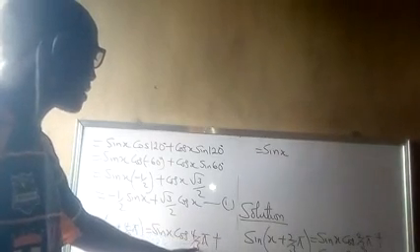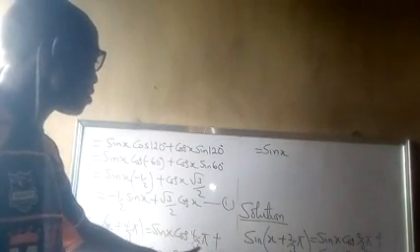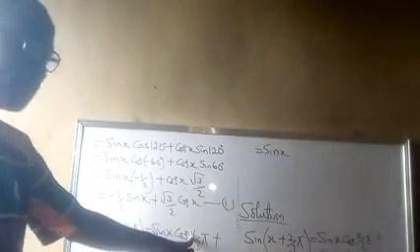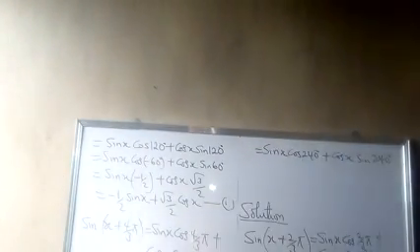So 3 times 180 all over 3 is 60, and 60 times 4 is 240. So we have sine x cos 240 degrees plus cos x sine 240 degrees. I hope that is understood.